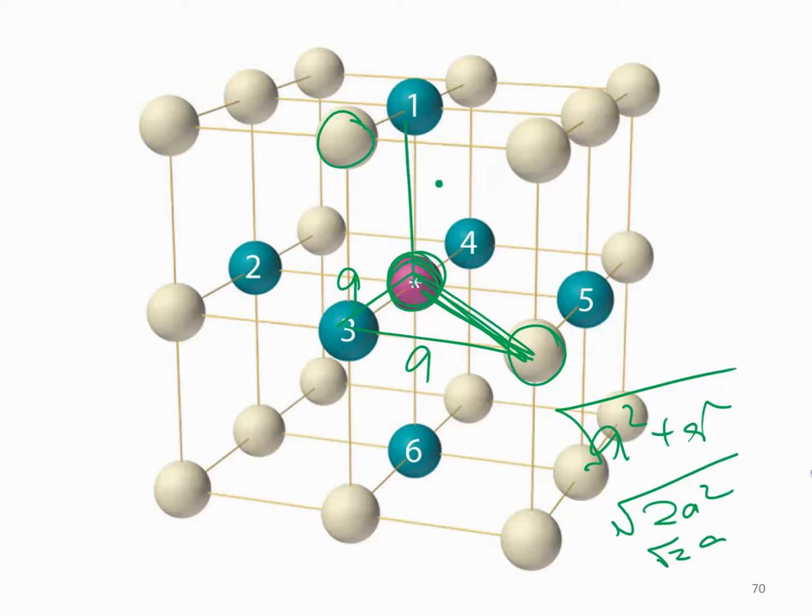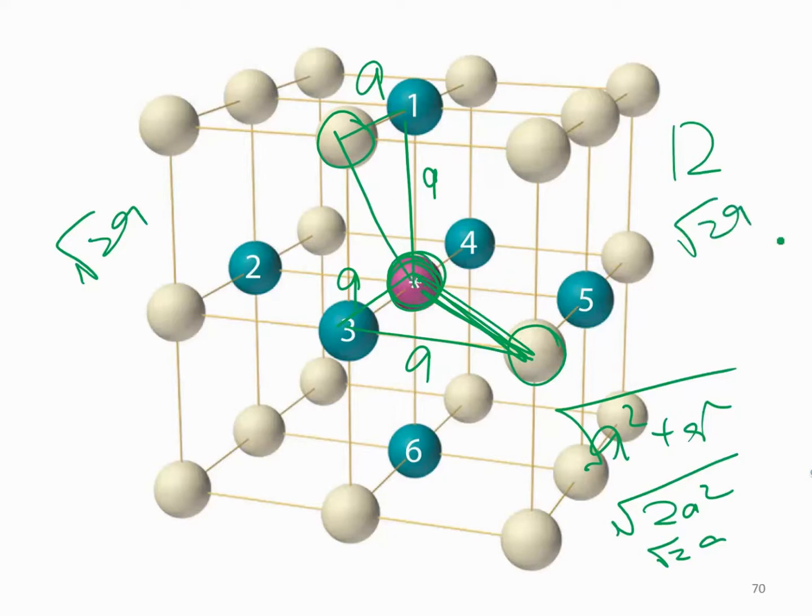Same, this is A, this is A, so square root of 2 A. So there are 12 atoms at the distance of square root of 2 A.